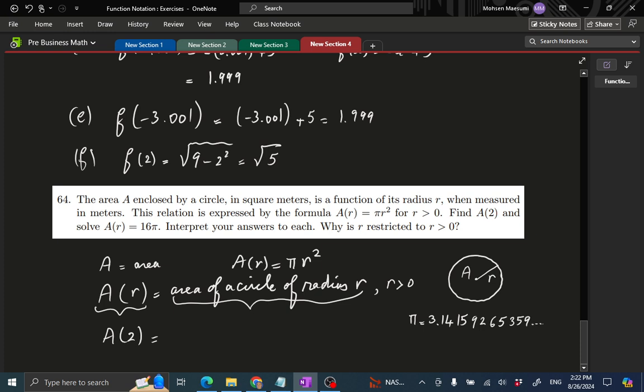Over the ages, people have tried to find pi to more and more digits. A mysterious number that shows up also in many places in mathematics, in particular in area of a circle.